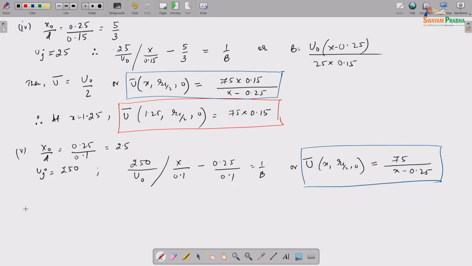Okay, then therefore at x is equal to 1.25, u mean 1.25 r half 0 is equal to 75.